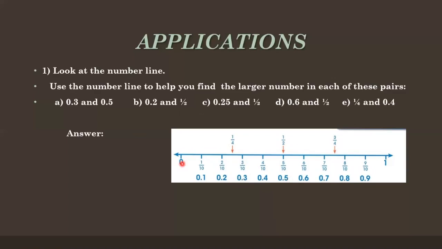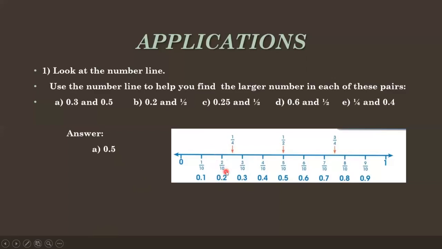So this is 0.3 and here comes 0.5. See, the number line starts from 0 and it is increasing to 1. So 0.3 and 0.5. Out of this, which one is larger? 0.3 is here, 0.5 is here. The number line is increasing as it moves towards the right. So 0.5 is larger. Now what about 0.2 and 1/2? 0.2 is here.